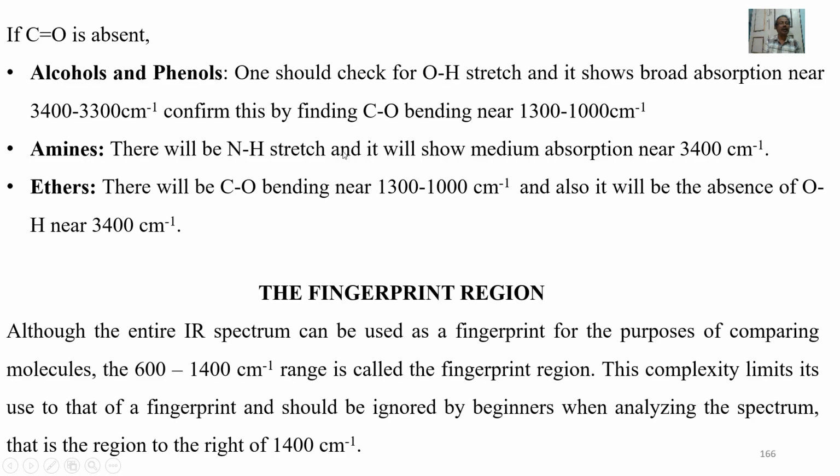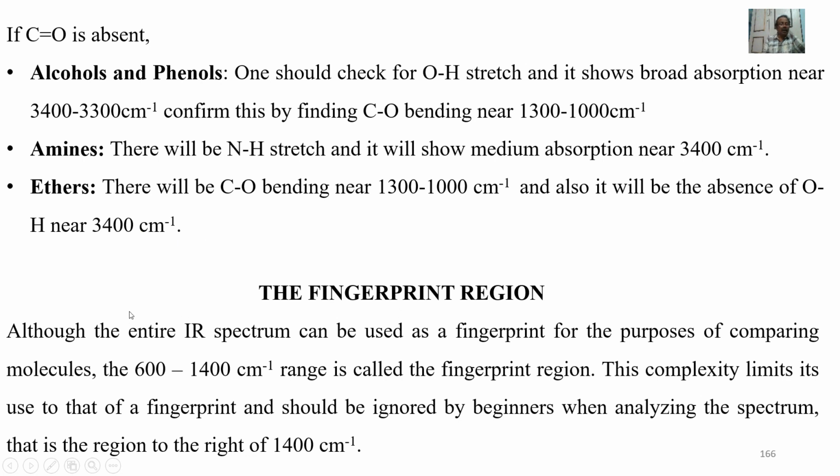For amines, there will be NH stretch, and it will show medium absorption near 3400 per centimeter. For ethers, there will be CO bending near 1300 to 1000 per centimeter, and also the absence of OH near 3400 per centimeter.